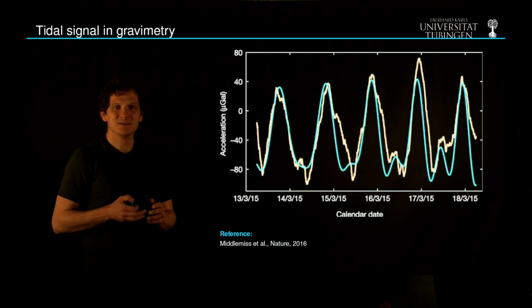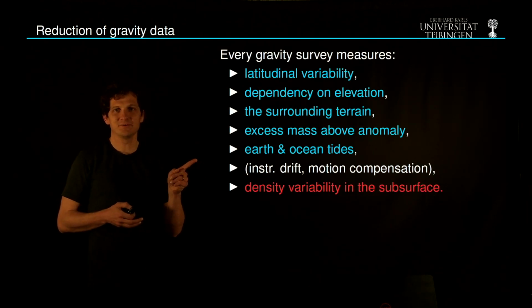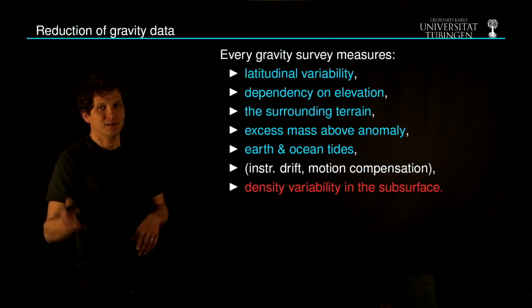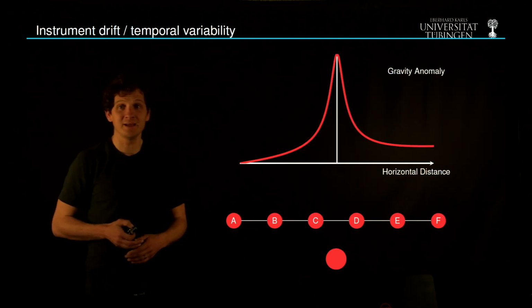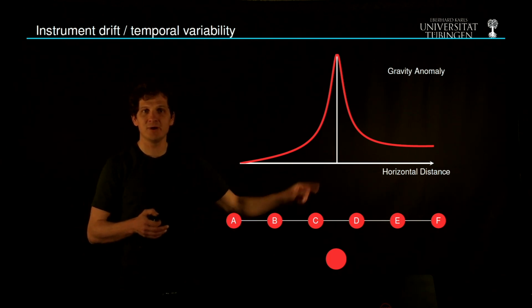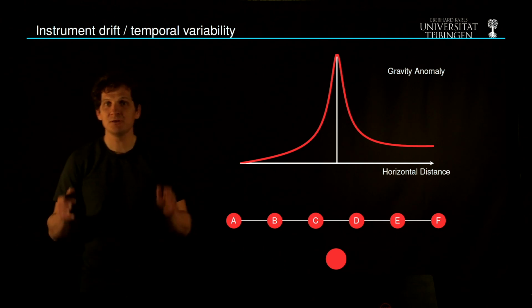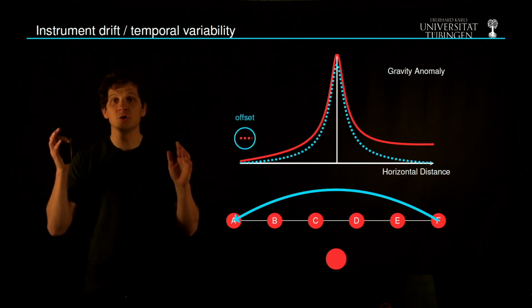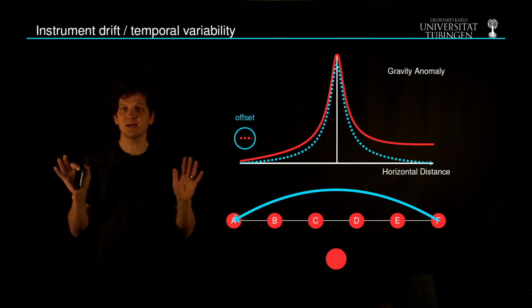The next correction pertains to the instrument characteristics. Imagine you collected a dataset once again in a profile ranging from A to F, and at the end of the day, you return to location A and you take another reading. To your big surprise, this reading is different even after a tidal correction.